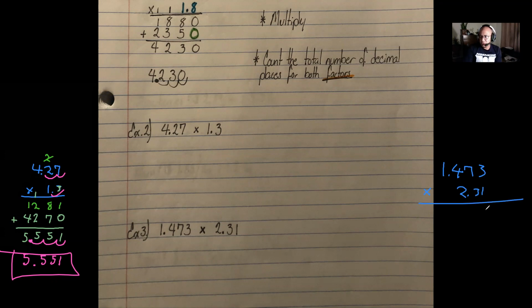Okay, so 1 times 3 is 3, 1 times 7 is 7, 1 times 4 is 4, 1 times 1 is 1. Good, and so now I am done with this row, so I'm going to put a 0, and let's continue. 3 times 3 is 9, 3 times 7 is 21, 3 times 4 is 12, plus 2 is 14, 3 times 1 is 3, plus 1 is 4.